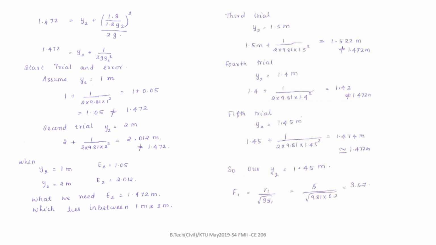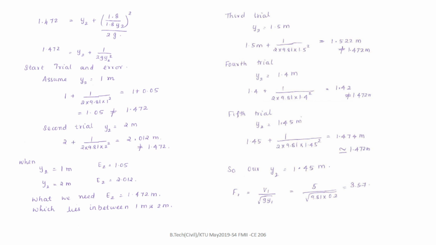For 1 meter we got 1.05 meter energy. For 1.5 meter depth we got the energy as 1.522 meter. So now we have to assume our Y value in between 1 meter depth and 1.5 meter depth. So again I am taking Y2 is equal to 1.4 meter. Now I got 1.42 meter energy.